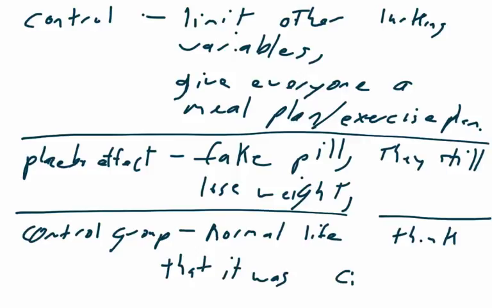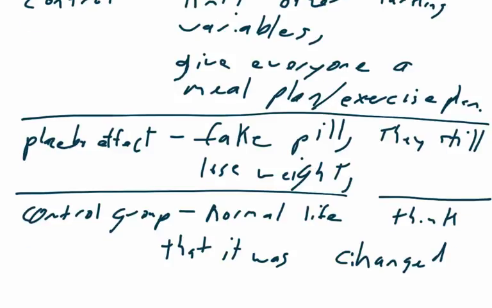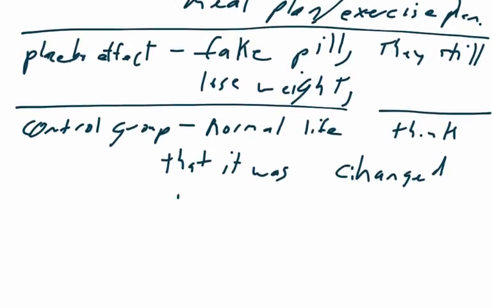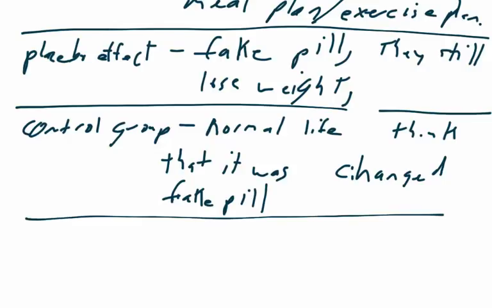So instead of giving them the diet pill, we gave them a fake pill. Now, the reason why we do this is that we can get a good comparison of what would happen if people just thought they were supposed to lose weight instead of actually getting the medicine. And that's the basics of the experiments.